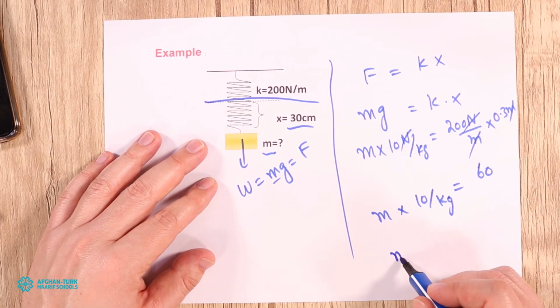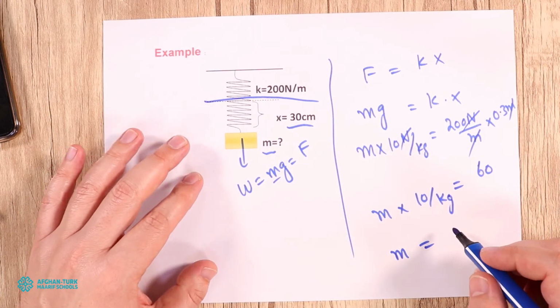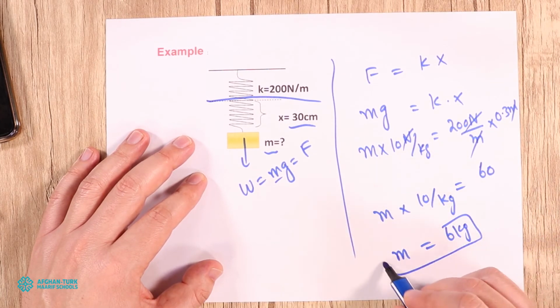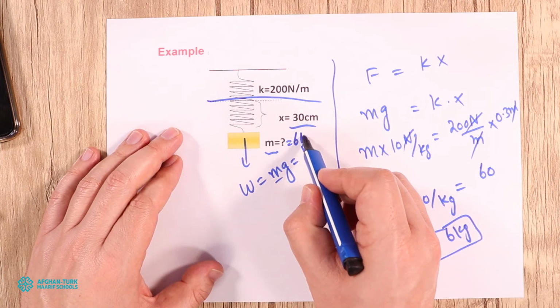Now if we divide, it becomes 6 kg. So the mass of the block is equal to 6 kilograms.